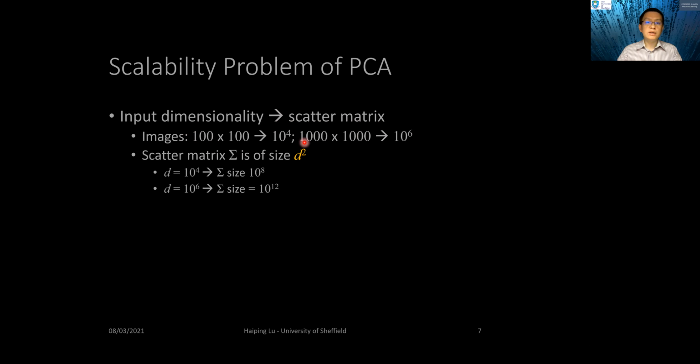In these two cases, the scatter matrix will be much larger because the scatter matrix is of size D squared. So if D equals 10 to the power 4, then the scatter matrix will have a size of 10 to the power 8. And if D equals 10 to the power 6, then the scatter matrix will have a size of 10 to the power 12. So this will become difficult for high dimensional data.